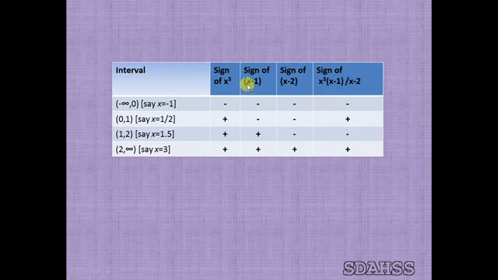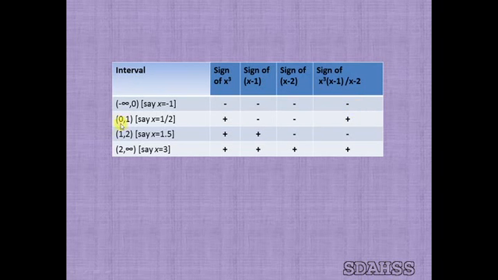Then substitute x is equal to minus 1 here, minus 1 minus 1 is minus 2, negative answer. Again here also substitute x is equal to minus 1, so minus 1 minus 2 is minus 3, which means negative. Then the last column, x cube into x minus 1, so multiply these two. Minus into minus, plus. So plus divided by minus, minus.